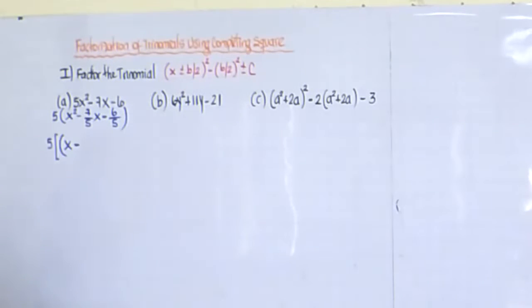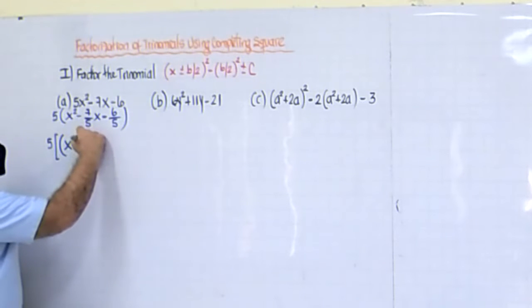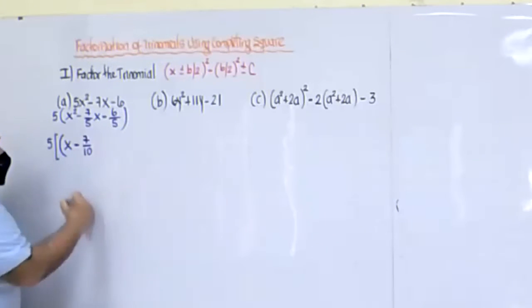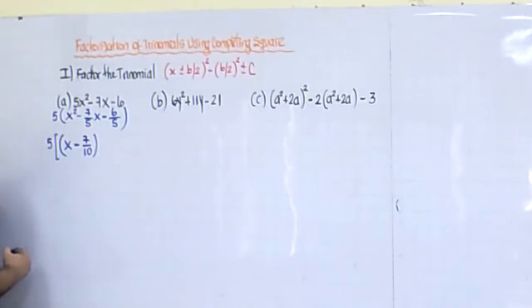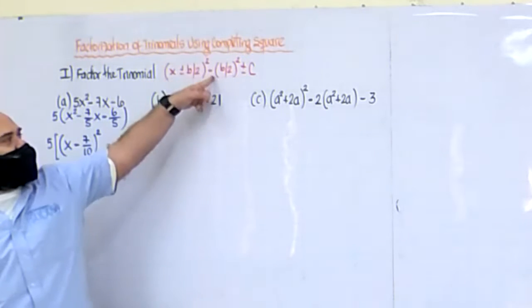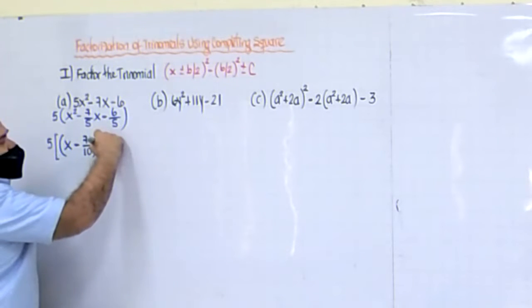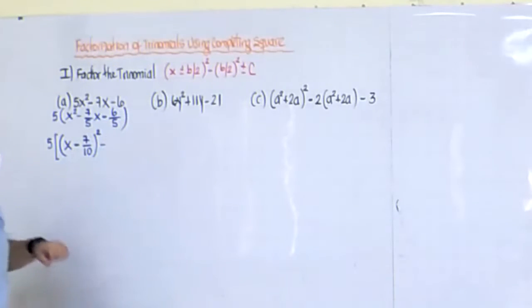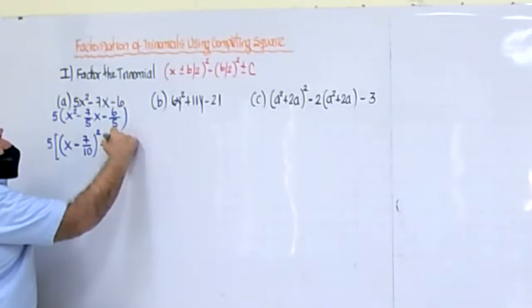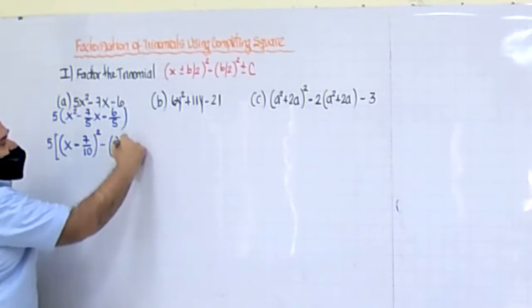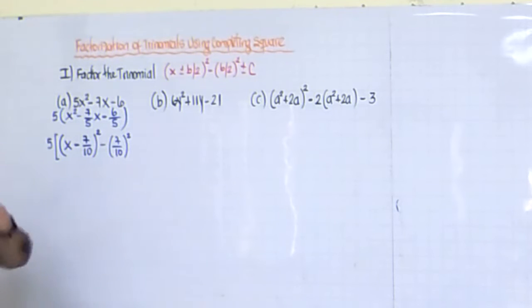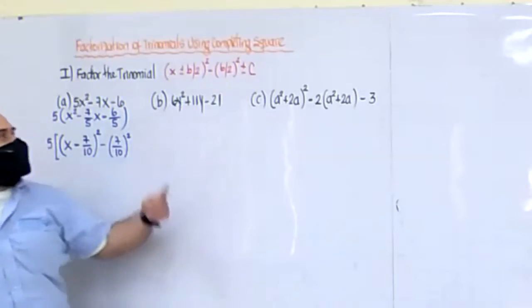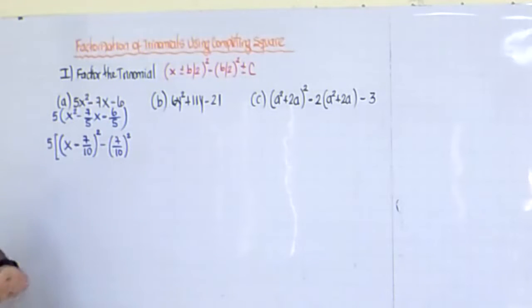And if we divide 7/5 by 2, we get 7/10. Close parentheses, raised to the second power, and we're going to subtract this answer, b/2 to the second power, I mean, 7/10 to the second power, and copy the independent term. The independent term is -6.